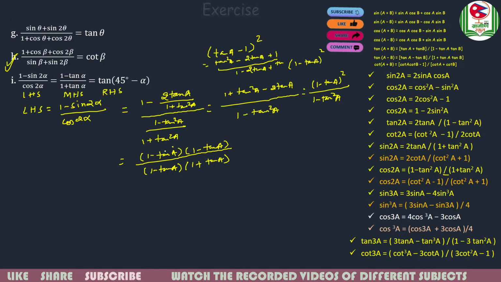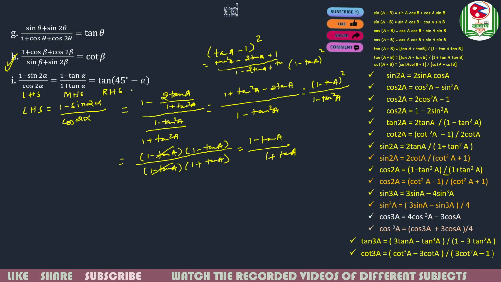So 1 minus tan A and 1 minus tan A cancel out, and the result is (1 minus tan A) upon (1 plus tan A). I forgot to write alpha here, so replace this A by alpha: it is (1 minus tan alpha) upon (1 plus tan alpha).